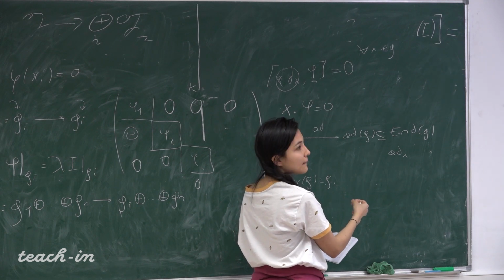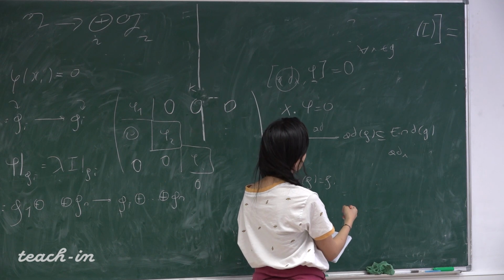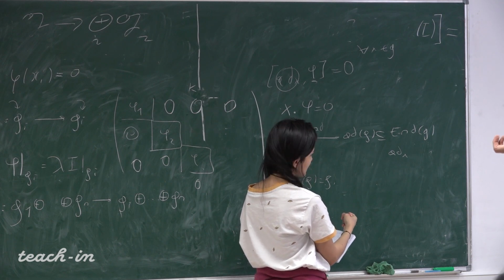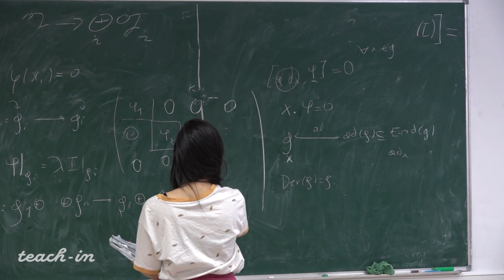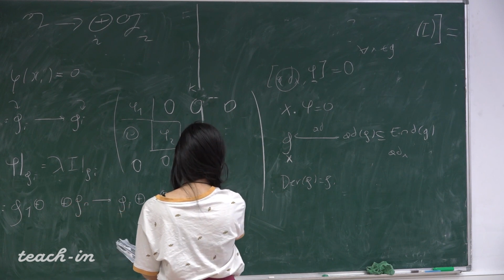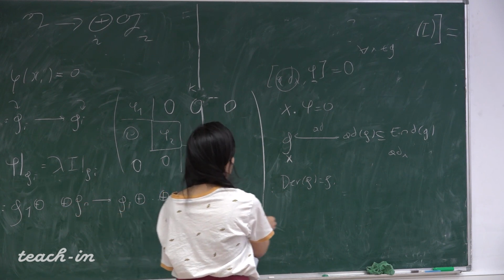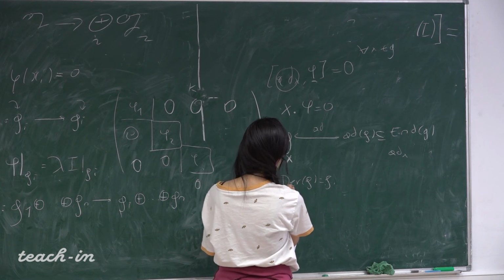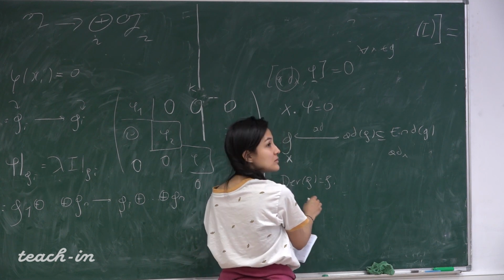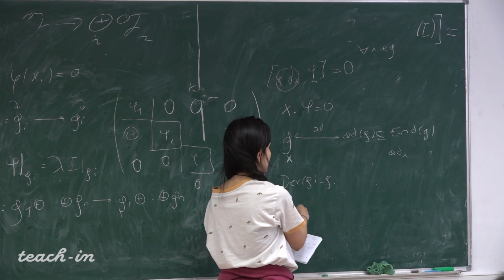A derivation is a linear map by definition. But if you consider this big phi, if one of those maps is a derivation, then it must be trivial.